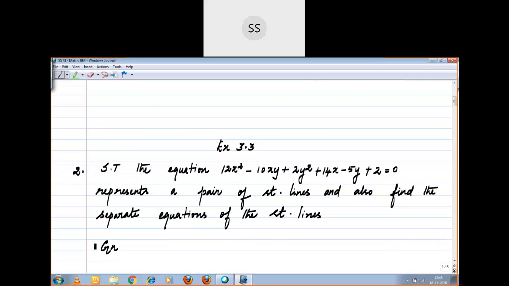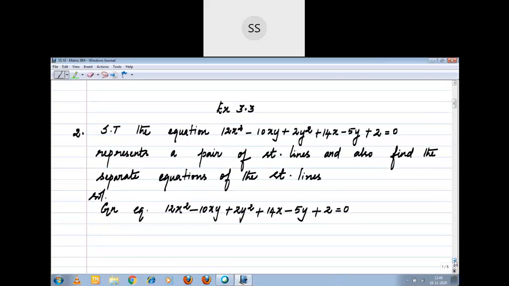First, write the given equation: 12x² minus 10xy plus 2y² plus 14x minus 5y plus 2 equal to 0. What is the general equation of a pair of straight lines?